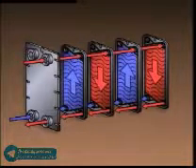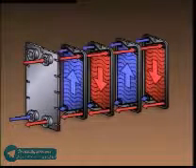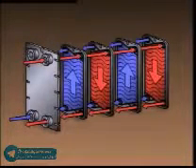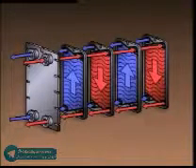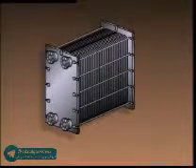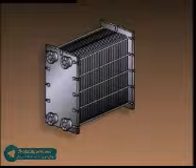The cold fluid then flows upward on the opposite sides of the plates and exits the portholes at the top of the plates. From there, it's directed to the cold fluid outlet. Keep in mind that the plates are actually back-to-back, so the two fluids pass each other on opposite sides of a plate, moving in opposite directions.